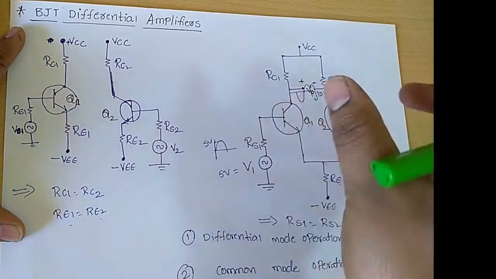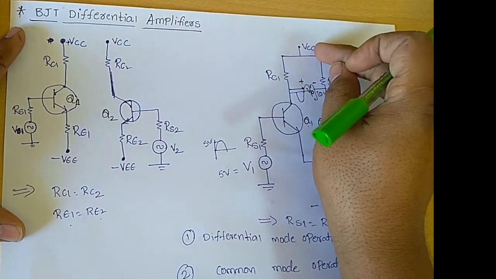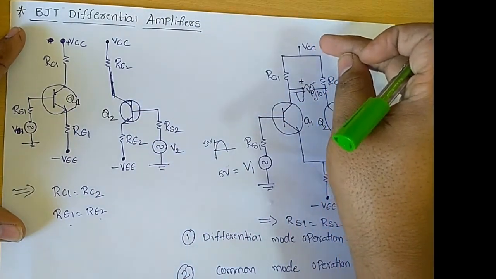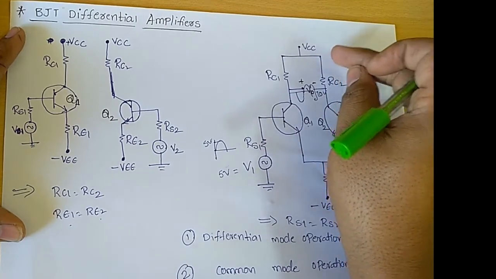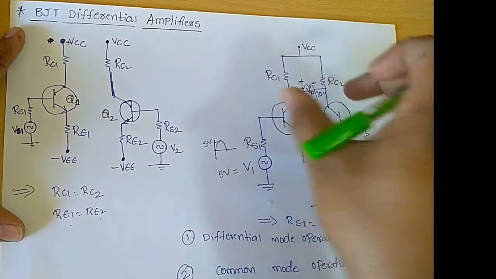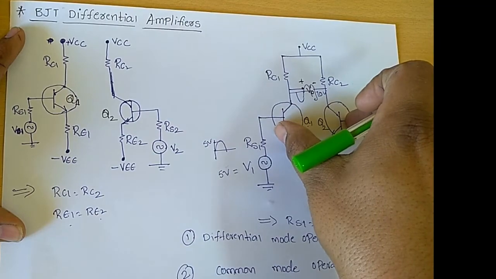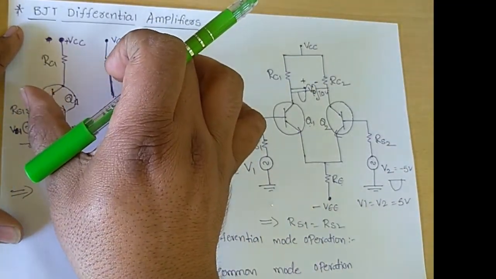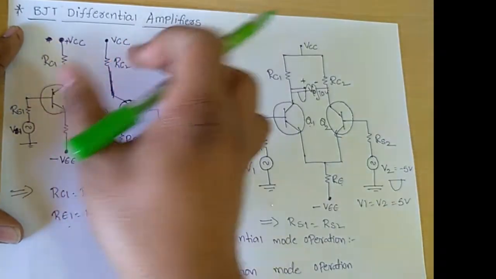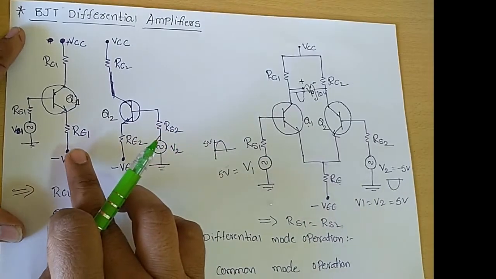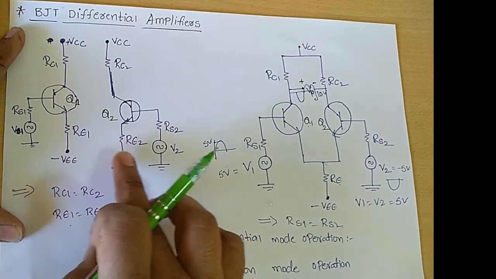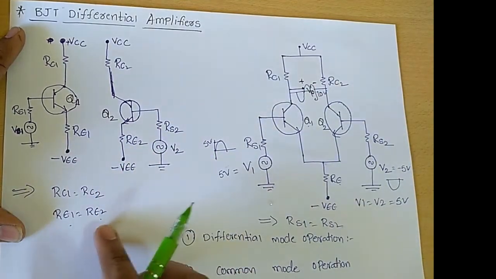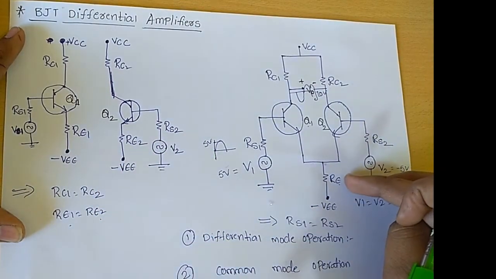Coming to the power supply, we give a single supply voltage VCC to the collector terminals of the Q1 and Q2 transistors, because these two circuits have equal power supply magnitude. The emitter resistances are also equal, RE1 equal to RE2, so here we use a single resistance RE.